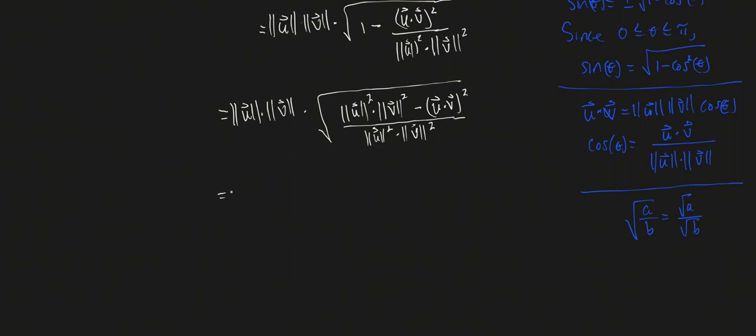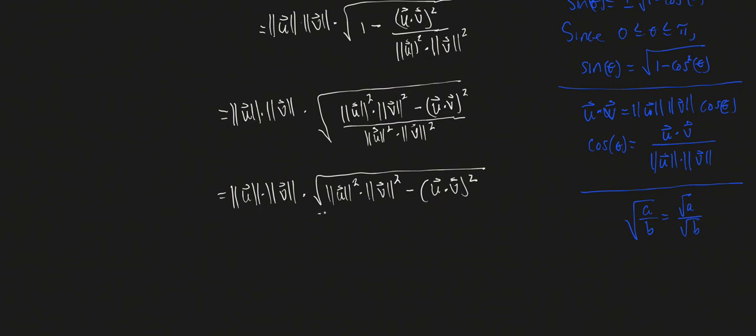So I'll have the magnitude of u times the magnitude of v times the square root of the top, which I can't really simplify now: magnitude of u squared, magnitude of v squared, minus the dot product of u and v squared, all over, when I take the square root of what's in the denominator, the exponents change from a 2 to a 1, the square goes away.